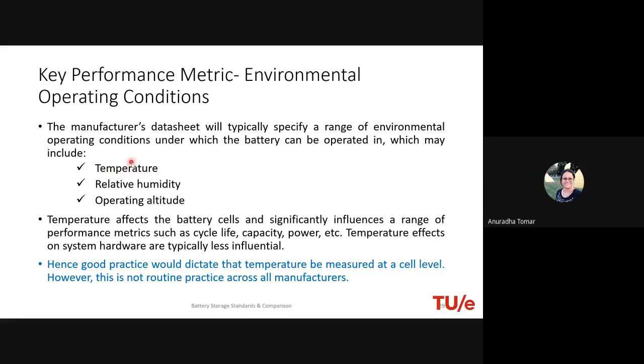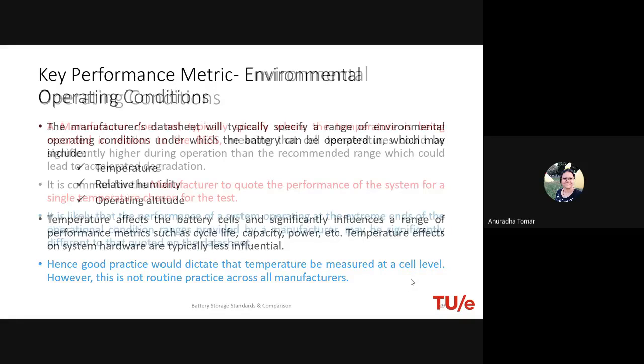And here a very big confusion about temperature is there, because the temperature doesn't have impact on the hardware associated with the battery, but it influences the performance metrics of the battery itself, like the cycle life, capacity, power, etc. So generally the good practice would be to dictate that temperature be measured at the cell level, but in a routine case it is never mentioned there by the manufacturer. So this is something where manufacturers are fooling us.